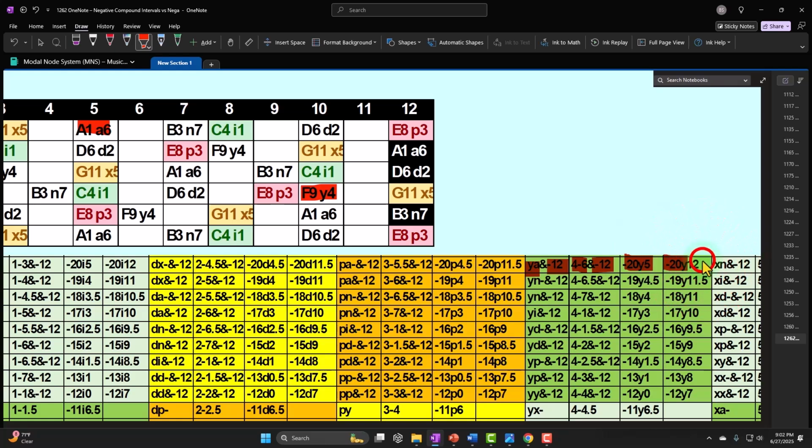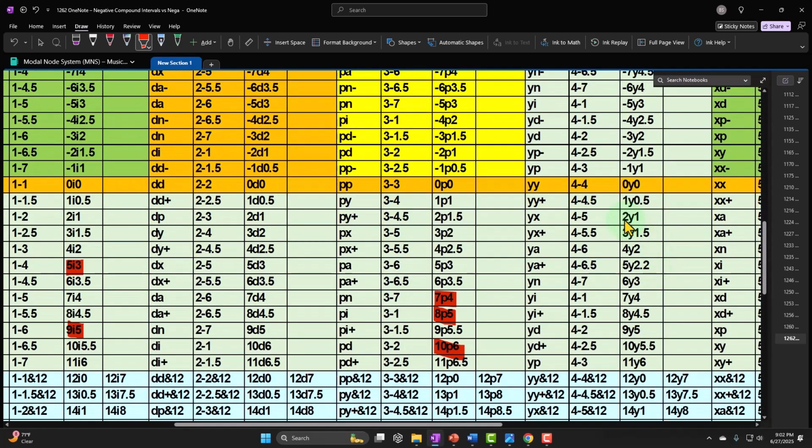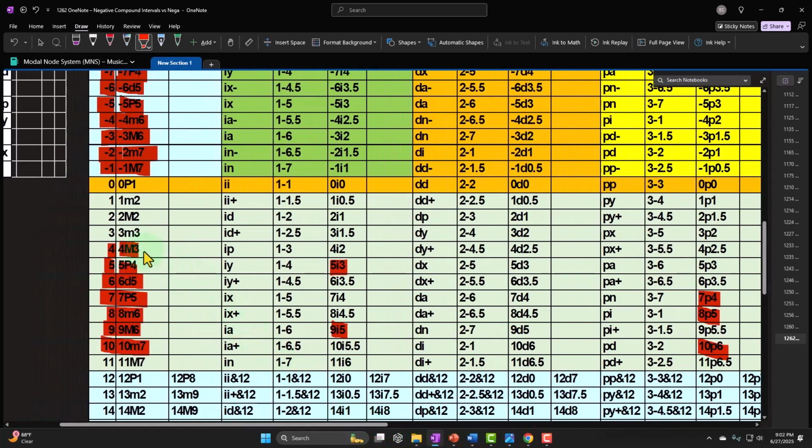Or I could say it's a Lydian negative 12th modal half step, the compound modal half step, to get the local distance. 12 minus 7 would get you to the 5. If I say the local distance is negative 5 counterclockwise, 7 minus 5 would be 2 forward. So I can say it's going to be a 2 forward, which would be a 4 note away from the Lydian mode, 2nd modal half step clockwise, which would be the 3rd scale degree.